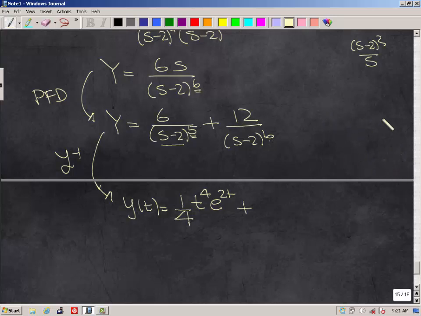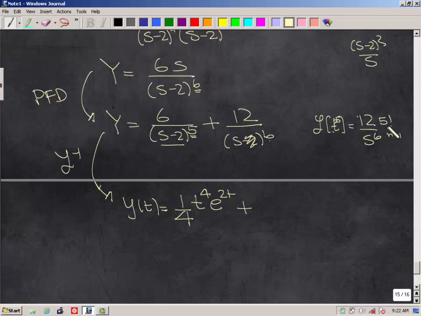Okay. So ignore the 2 for a second. What will give us 12 over, not t to the 6, s to the 6. What will give us that? What transform of what? It'll be some polynomial, right? T raised to something. If it's 6, this is n plus 1, so n would be 5, so this would be t to the 5. But then you would need 5 factorial on the top, correct?